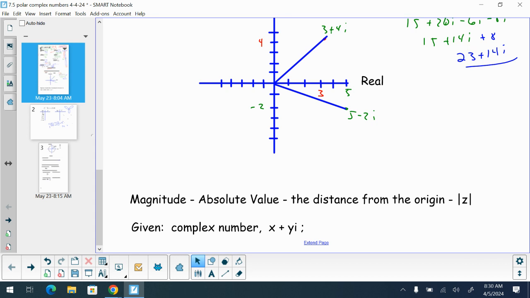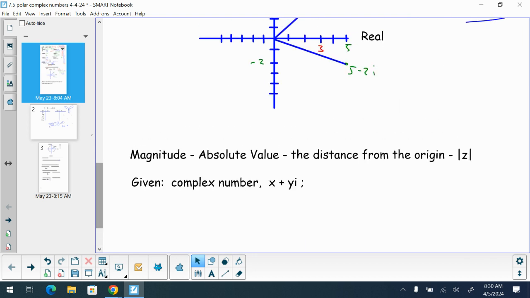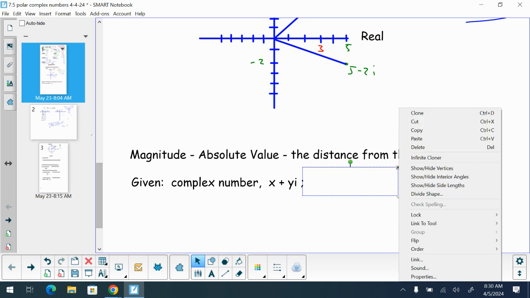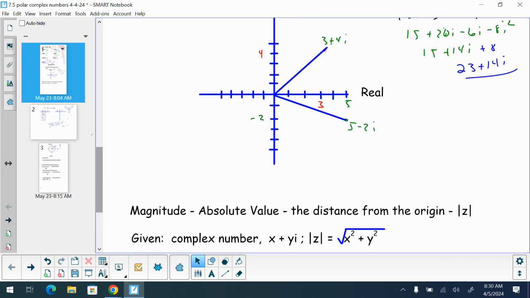What is our distance from our origin? And what this runs right into is a Pythagorean idea.